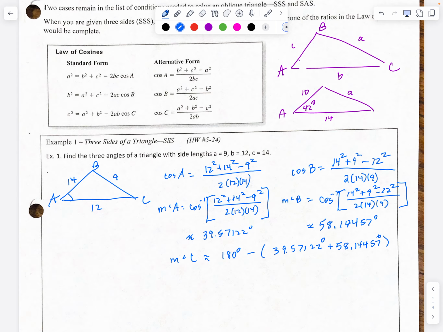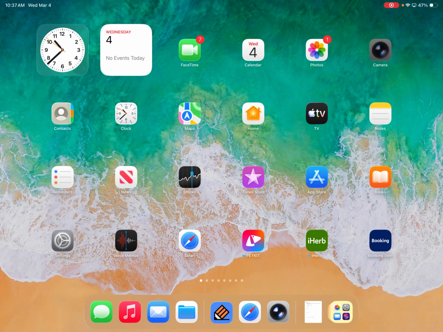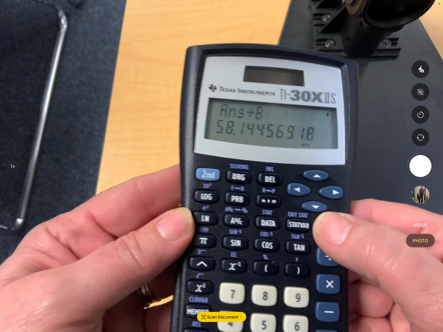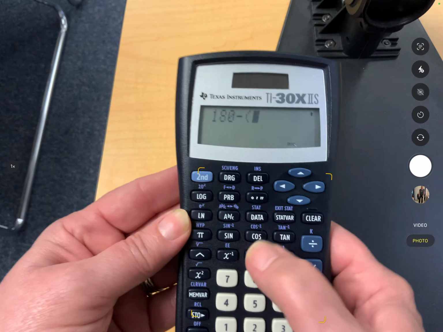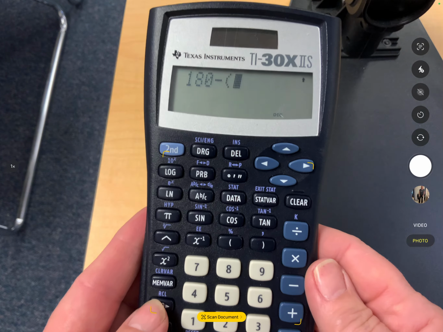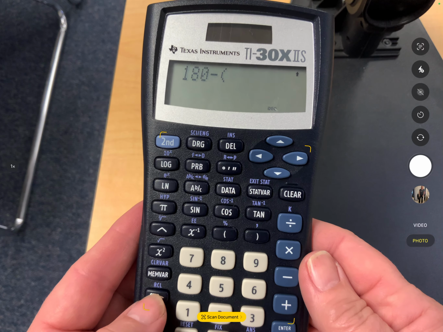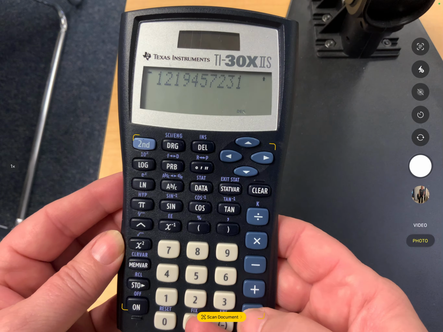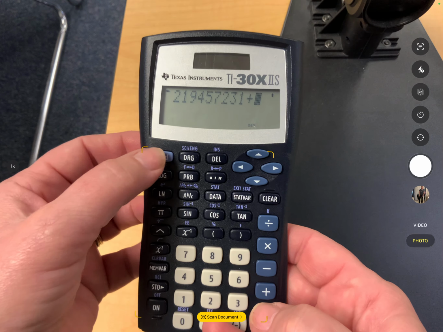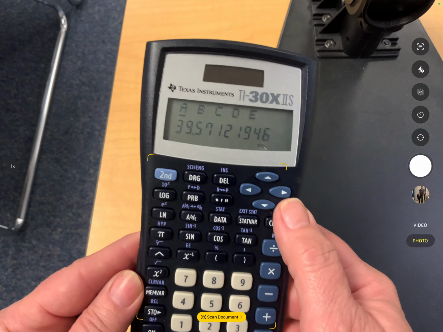So when I want to find this side, it is a squared. And then the b and the c are the two sides that include that angle. So it's 12 squared plus 10 squared, and then minus twice their product. We know the measure of angle A is 75. Don't forget the degree symbol.